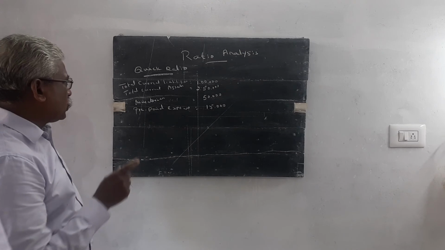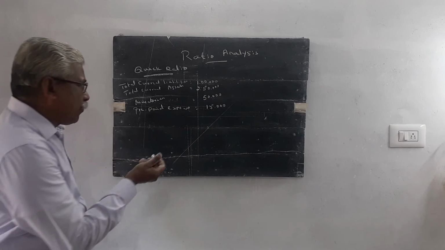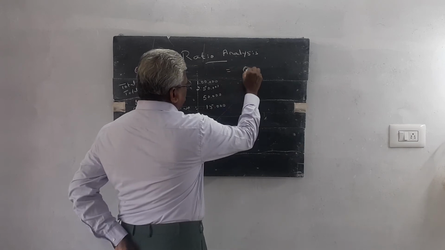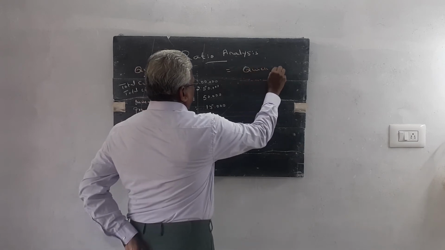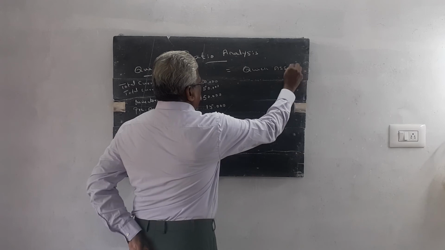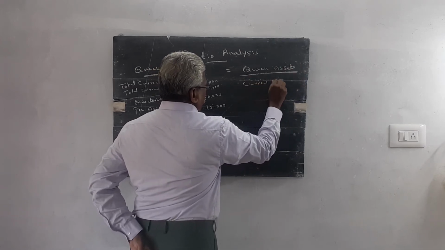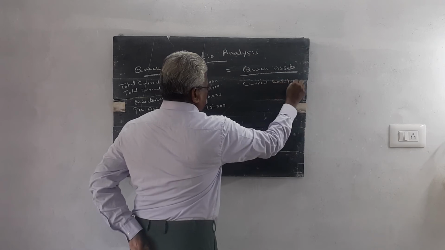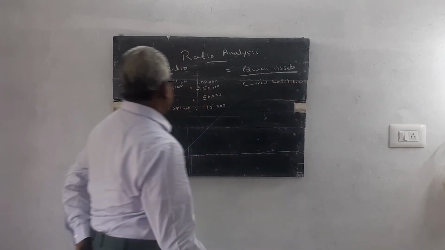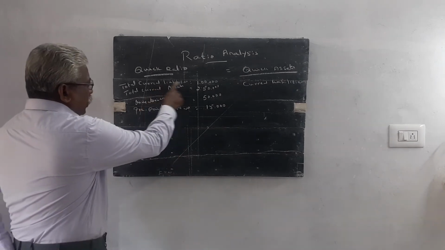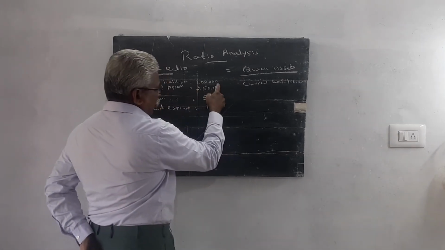First duty is to write the formula for calculating quick ratio. Quick ratio is equal to quick asset divided by current liabilities. Current liability is given in the question, so 1 lakh.